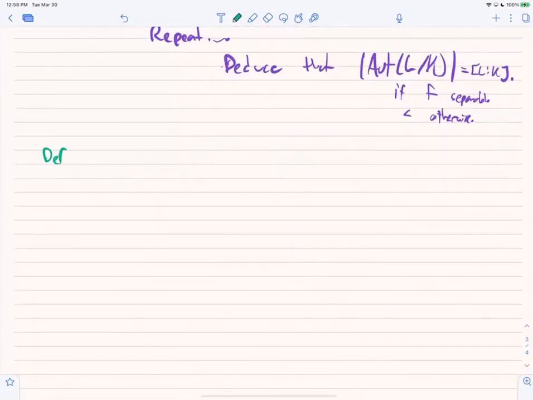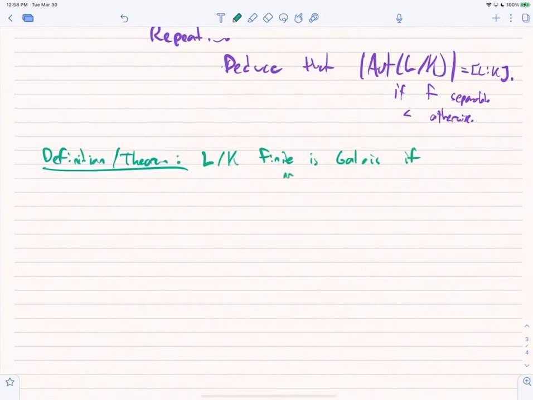So, definition/theorem. L over K finite is Galois if any of the following hold. So any of the following equivalent conditions.